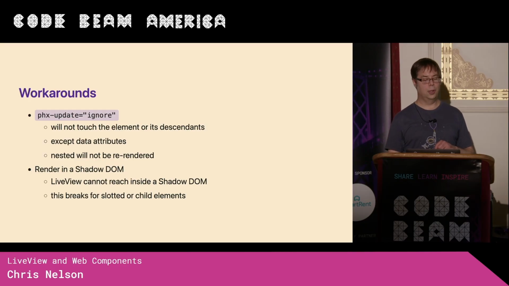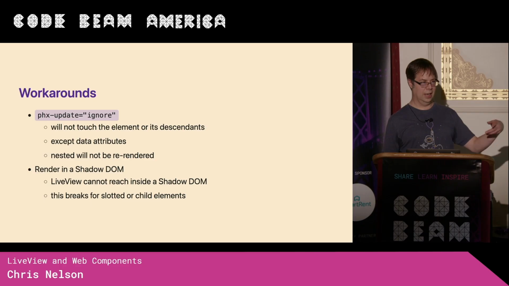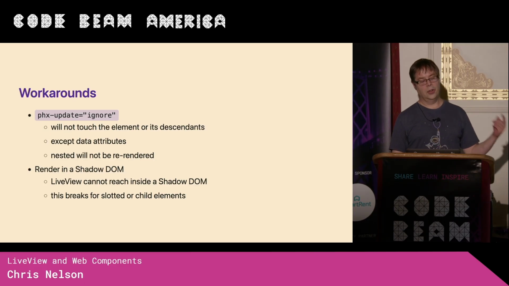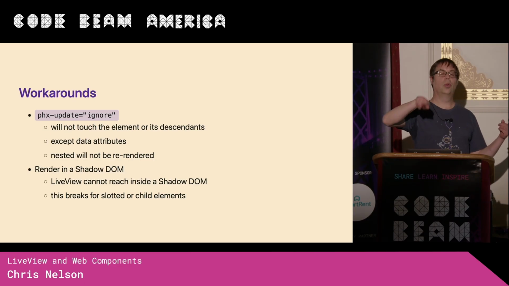Phoenix update attribute set to ignore will tell LiveView, hey, don't touch this element or any of its descendants except for the data attributes, which then you can use to send data into the custom element. The problem with using that approach is it also means that any of the nested content will not be re-rendered.